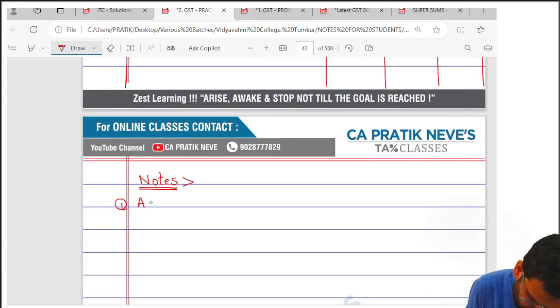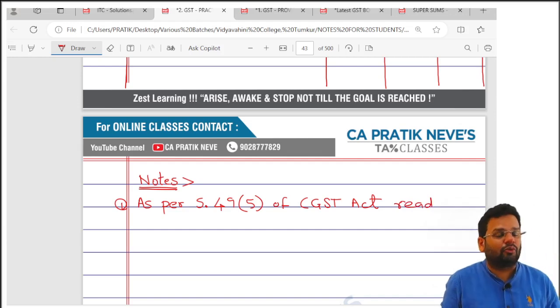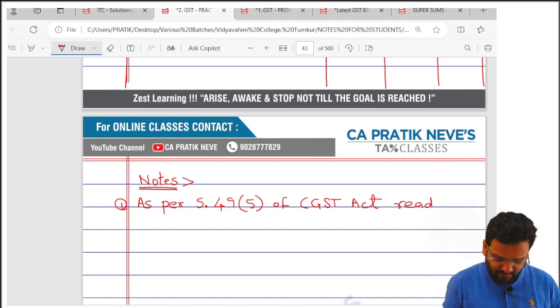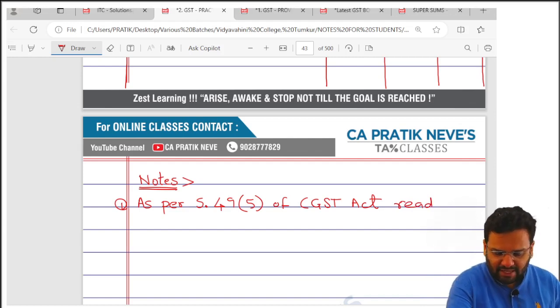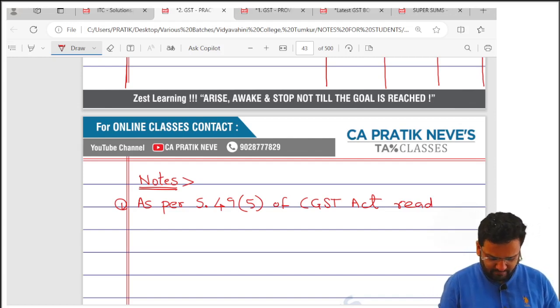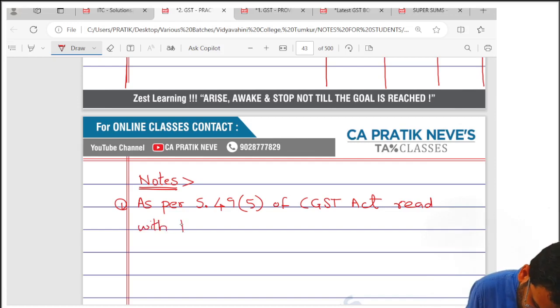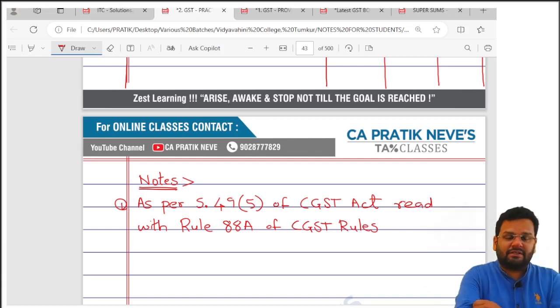First note: as per section 49, subsection 5 of CGST Act, read with Rule 88A of CGST Rules.